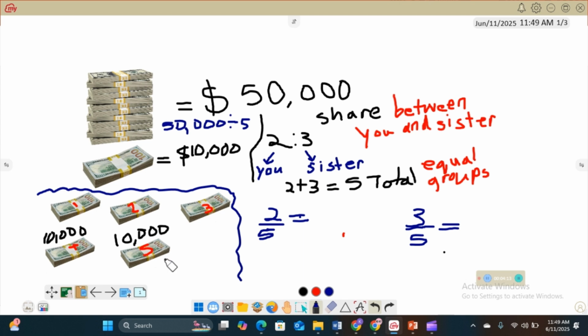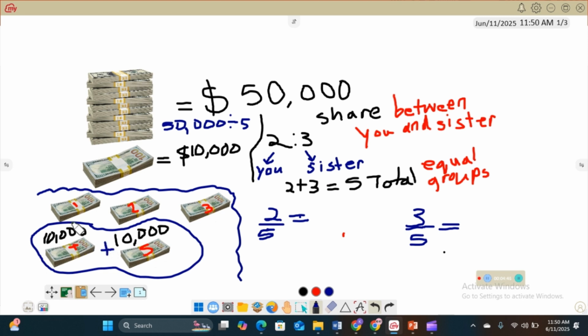Right? So let's go. What does that mean if you're going to take 2 out of the 5? You're going to take 2 out of the 5 equal groups. So let's highlight that. How much money will that be equal to? Yes, $20,000, because all you have to do is add them together.